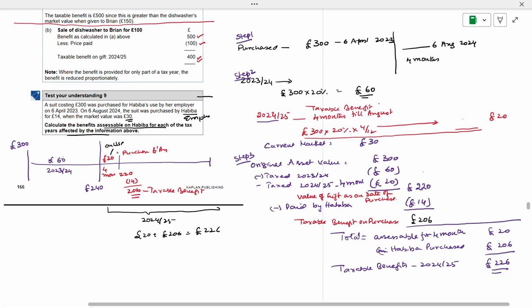It comes to 226. This 20 is for 4 months? 4 months. Okay, I have written 4 months.